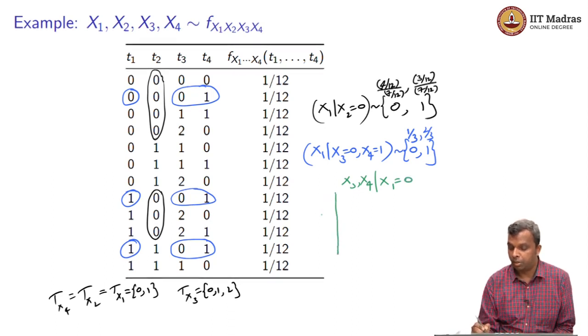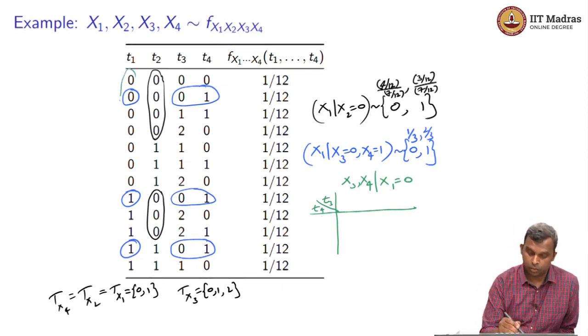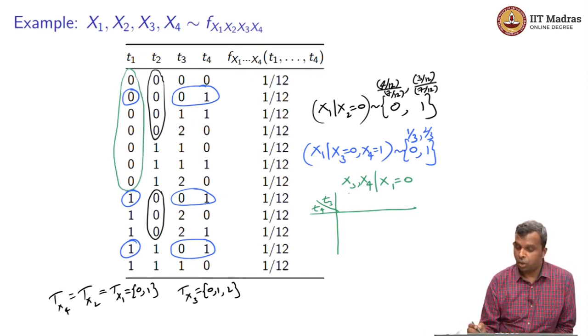So I'll have a table of possibilities here. So I should put some T3 here and T4 here. Okay. Now given x1 is 0 is all of these guys. And if I want to look at x3, x4, I have x3 taking values 0, 1, 2. I have x4 taking values 0, 1. So x3 is 0, 1, 2 and x4 is 0, 1.